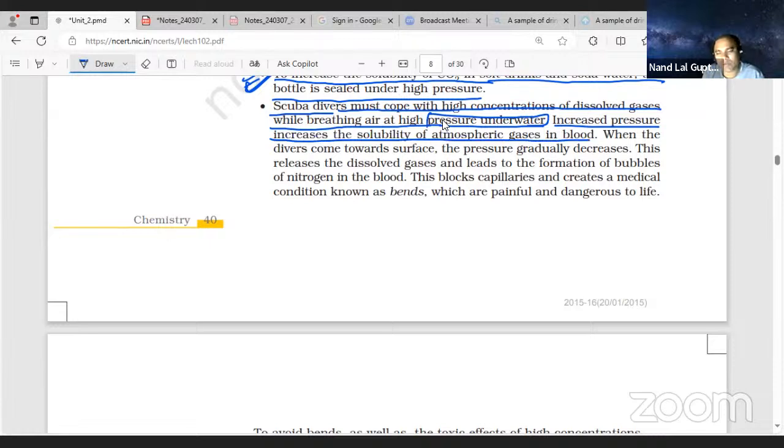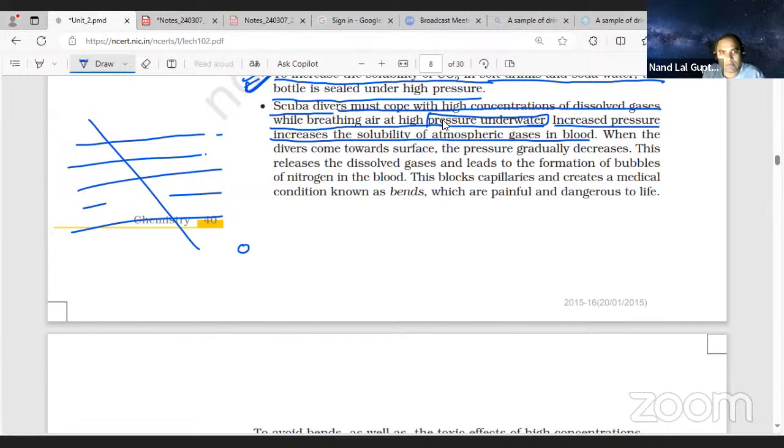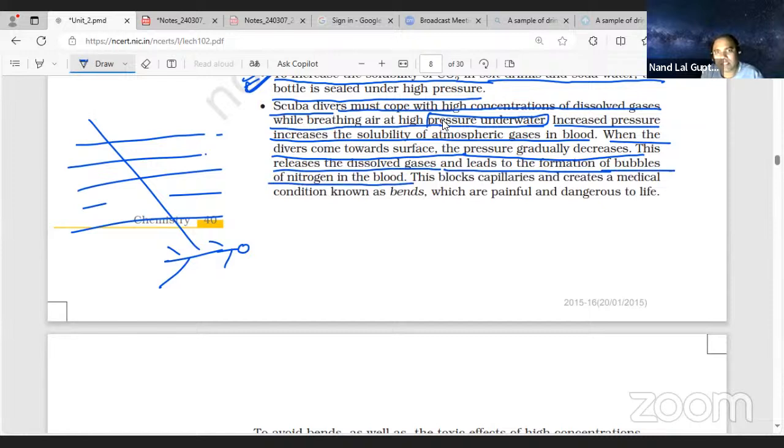When the diver goes deep in the sea, the solubility in the blood increases. When divers come towards the surface, the pressure gradually decreases. This releases the dissolved gases and leads to the formation of bubbles of nitrogen in blood. This blocks the capillaries and creates a medical condition known as bends, which is painful and dangerous to life.